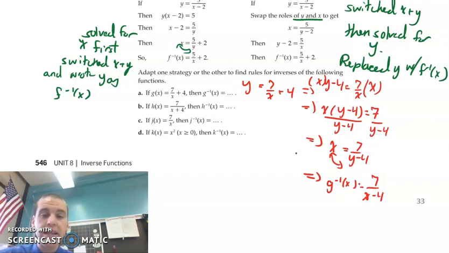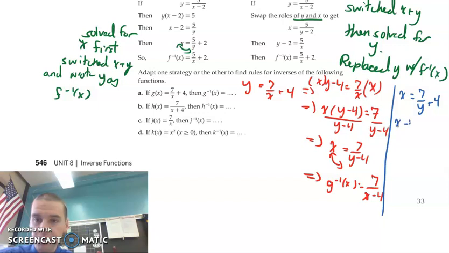To do the strategy 2 way, you're going to switch x and y to begin with. So we're going to have x equals 7 over y plus 4. And now the goal in strategy 2 is to solve for y. So you're going to do the same thing. Subtract 4. Multiply the y over to the other side. Y parentheses x minus 4 equals 7.